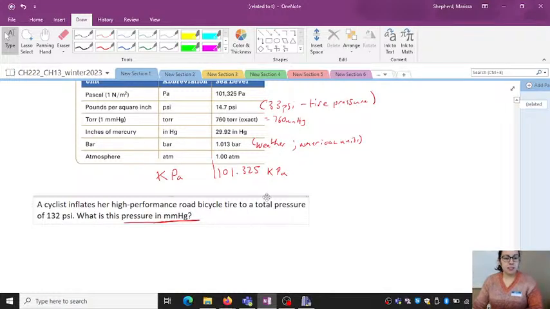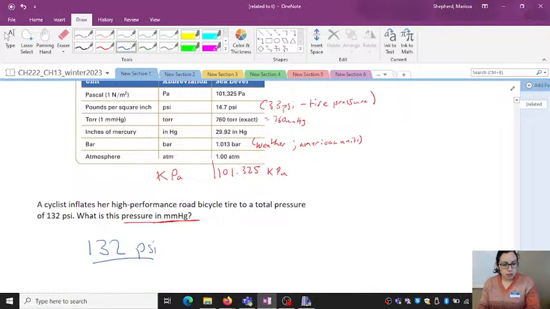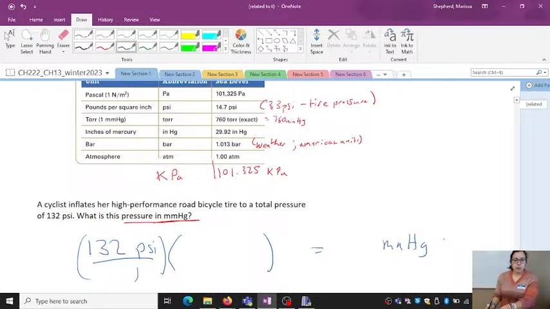So how do we set this up here? We can at least start with what we know and what we're starting with. So we're at 132 psi. We need some conversion factor, and we want to get to millimeters of mercury. So what should I put here?